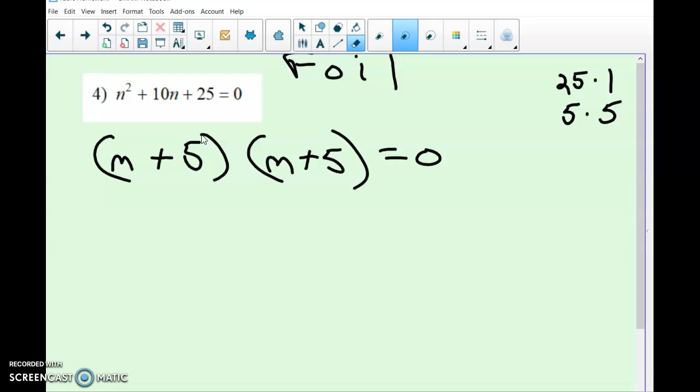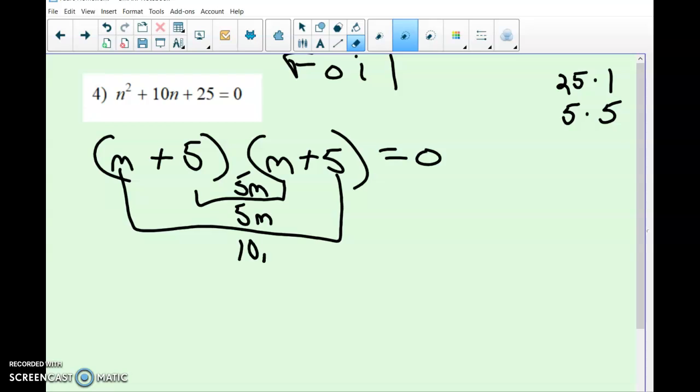Now I've got to make sure that my middle term is satisfied. And with FOIL, I know that the sum of the outside and the inside will give me my middle term. 5n plus 5n gives me my middle term of 10n.